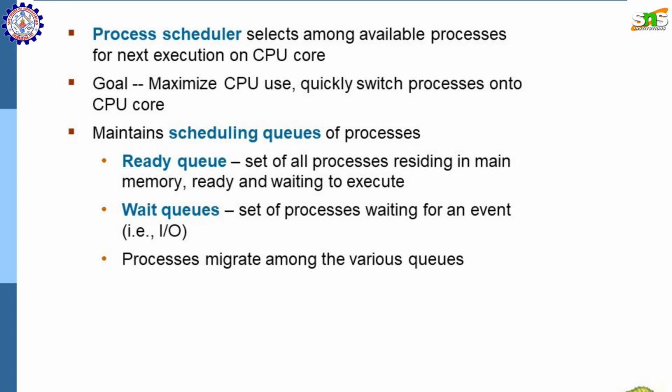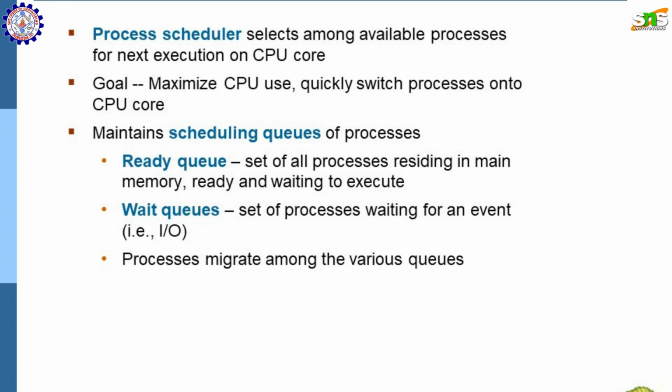Process scheduling maintains a scheduling queue of processes. There are two types of queues: one is the ready queue and the other is the wait queue. The ready queue has a set of all processes residing in main memory, ready and waiting to execute.